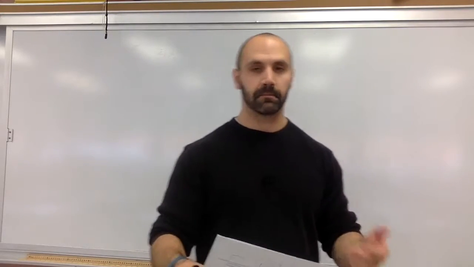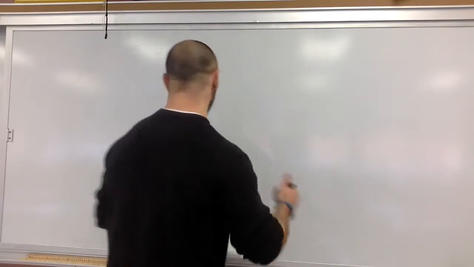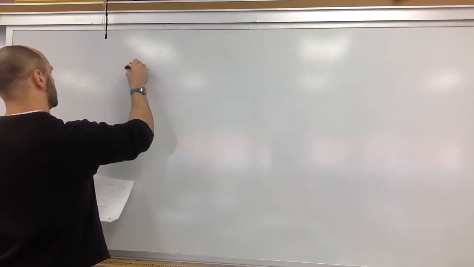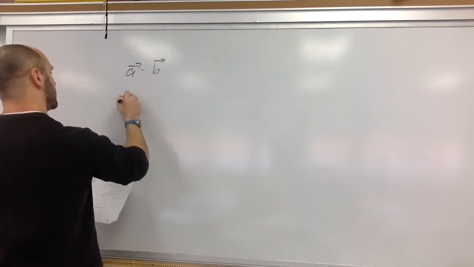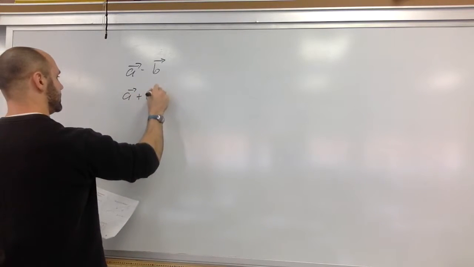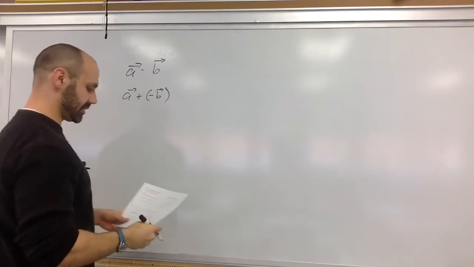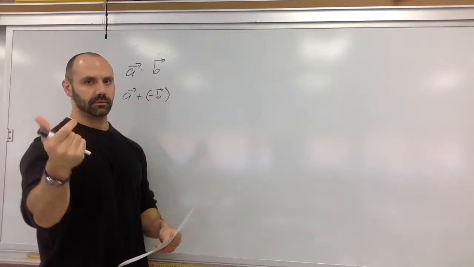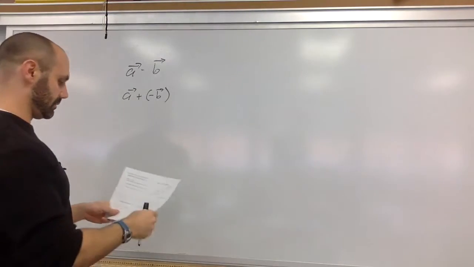Vector subtraction, really simply, A minus B, is the same thing, I like to think of it this way, as A plus negative B. So what's the negative of some vector? What you do is you flip it. You flip directions. That's it, when you take the negative of a vector.